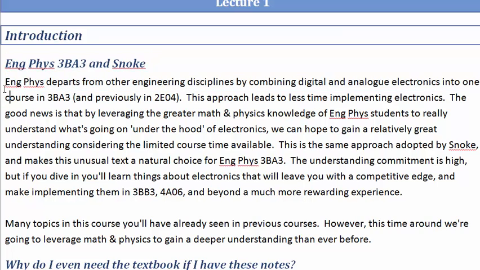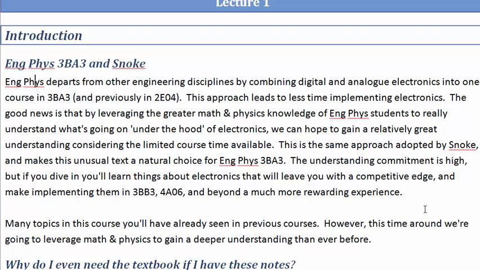So EngPhys 3BA3 has digital and analog electronics in one course, similar to 2EO4. 2EO4 also does that. Second term, if you're continuing on with this course this year, we're going to be spending a lot more time on microcontrollers, but the information that you need in this course is very valuable for that microcontroller stuff.